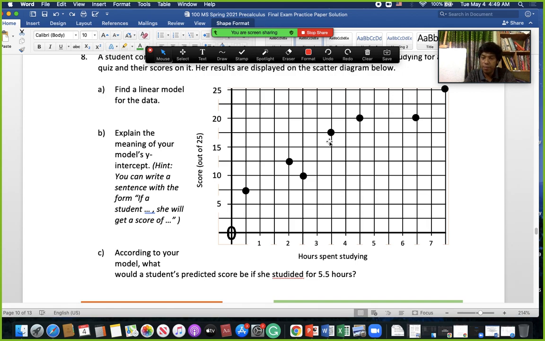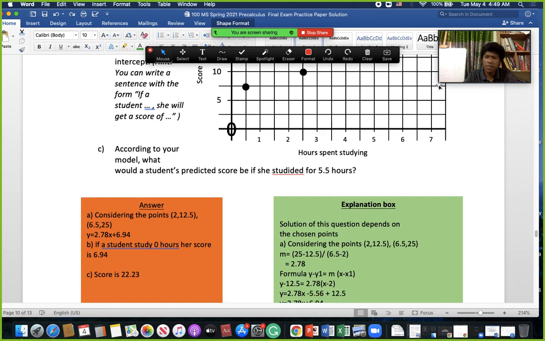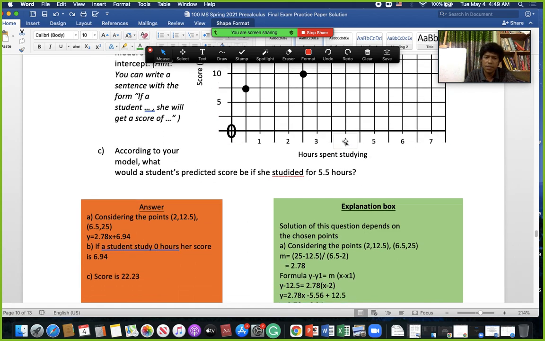But just make sure that your line is following the trend of the data. Suppose you cannot draw a line like this, you cannot draw a line all of a sudden like this. So try to draw the line, or think about the line like this, then it will be a reasonable answer. We always have tolerance for this kind of maths. Suppose it is 2.78x plus this.